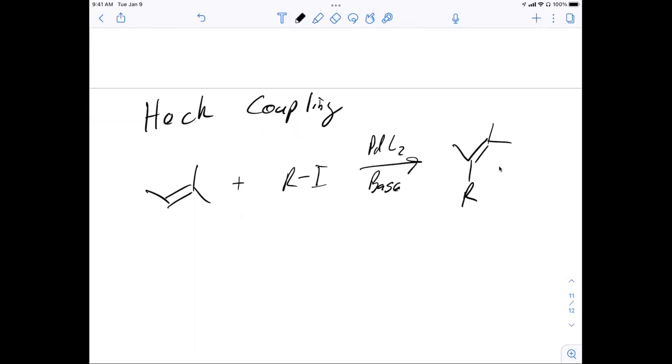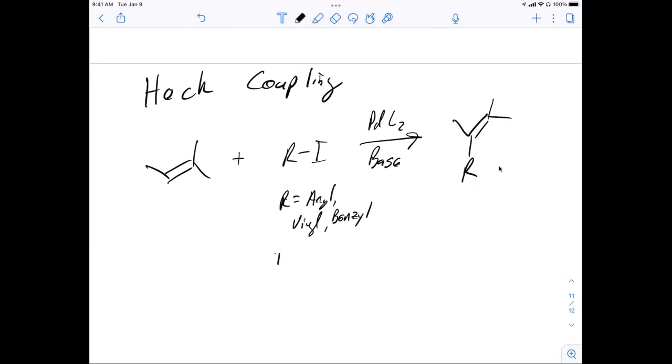Now, it is somewhat specific. So the R group here has to be an aryl, a vinyl, right? Or a benzyl, right? So my R group here is more selective. And then the X here needs to be either iodine, bromine, or the triflate, which most of these all have.